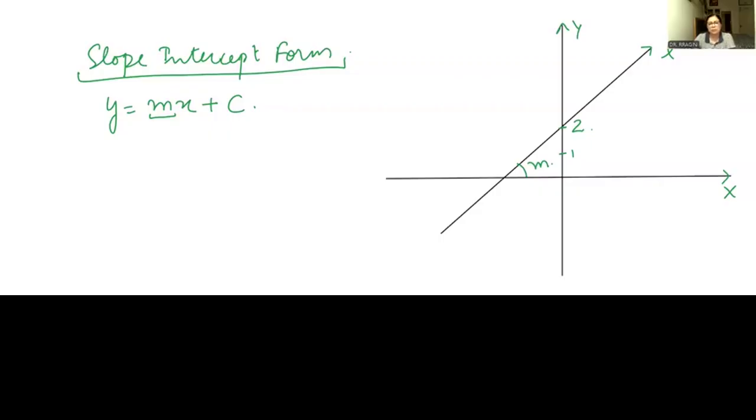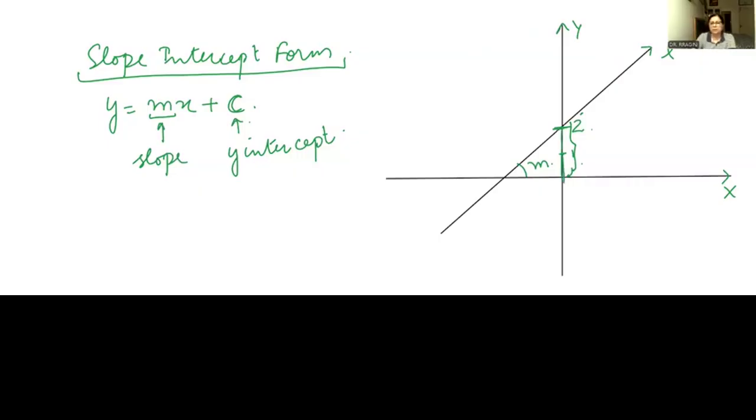What does this C represent? This M represents the slope. This C represents the y-intercept of the line. What is the y-intercept here? The y-intercept is the line segment which this line makes on the y-axis, right? The length of the part of the y-axis which is being cut.